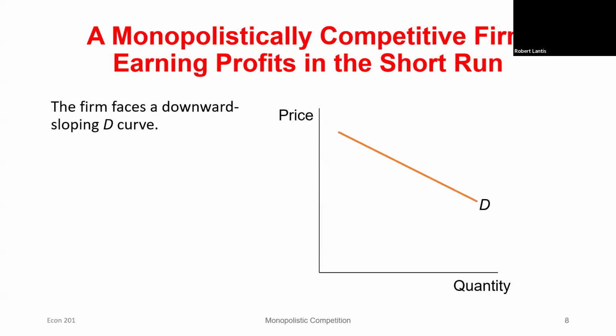I'll give you guys a good summary table. I think this will be helpful as you study. So let's think about the quantity that a monopolist chooses, right?